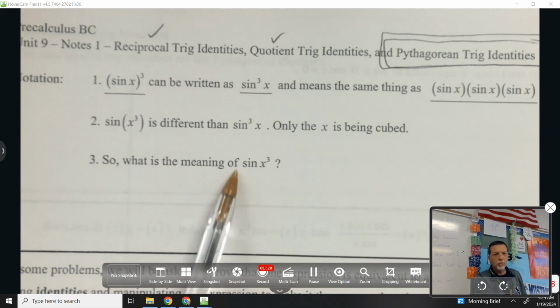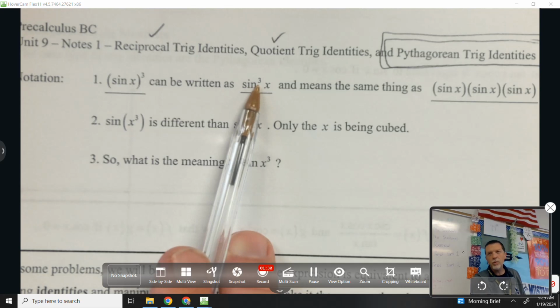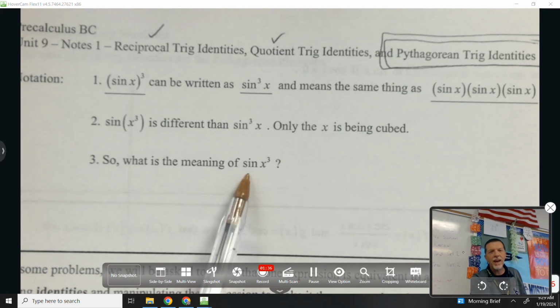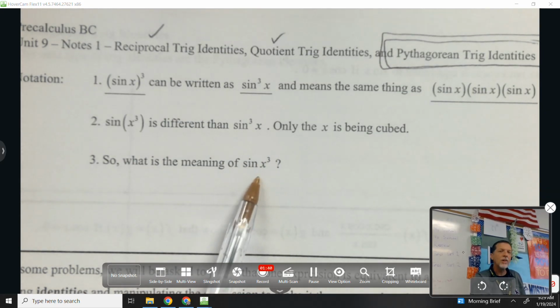The reason we write the 3 in that weird spot is to try to avoid a problem like number 3. Which one is that? Are we cubing the x or are we cubing the sine? What do you think? It would be nice if there were some parentheses to tell me which one I'm doing.